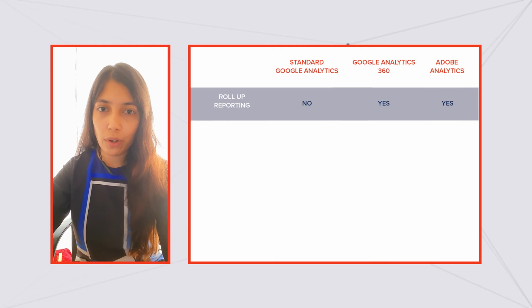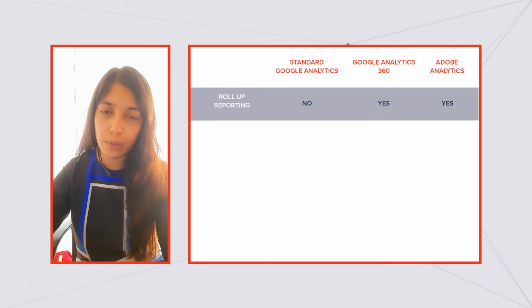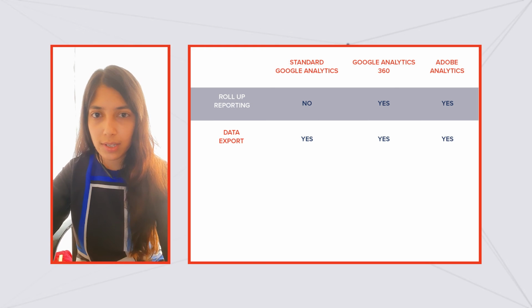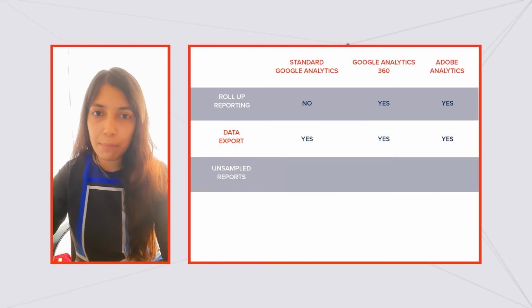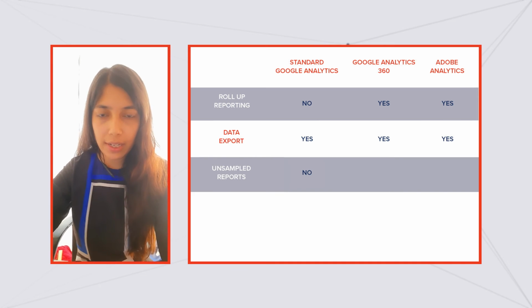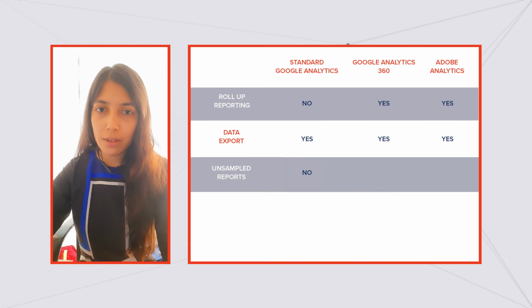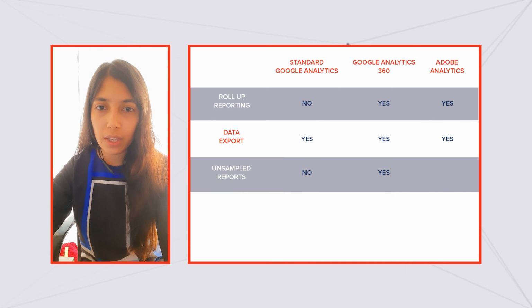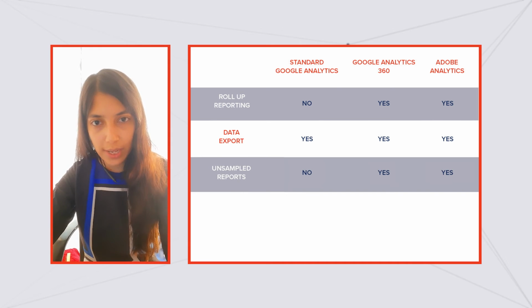Now, roll-up reporting is only available in Adobe Analytics and GA 360. Data export feature is available in all of these tools. If you are talking about unsampled reports, then you do not have access to any kind of unsampled data in the standard version of GA. But GA 360 and Adobe give you access to unsampled reports as well.